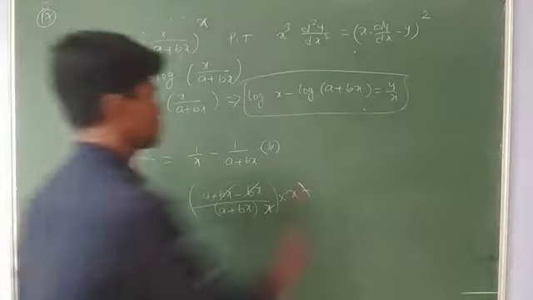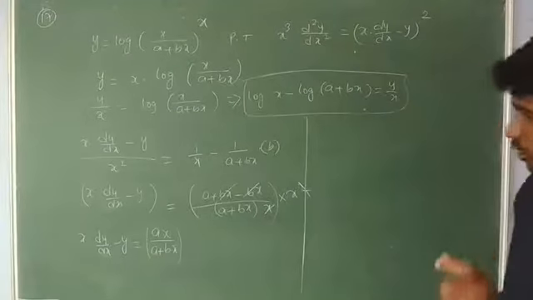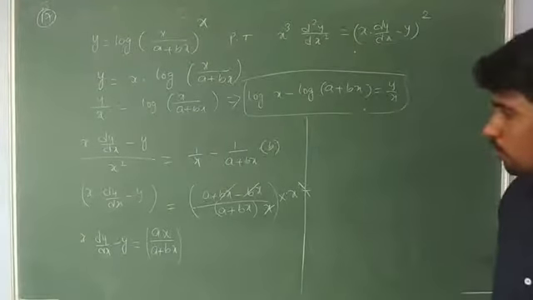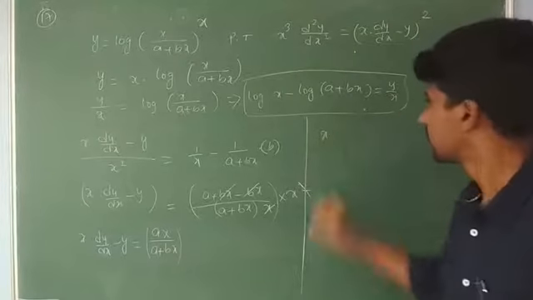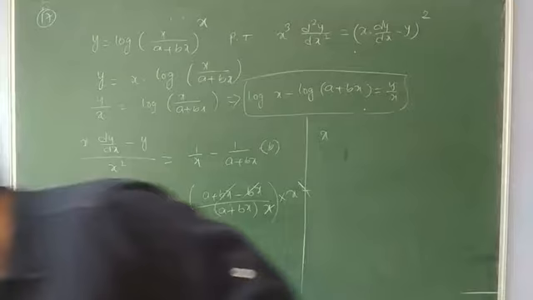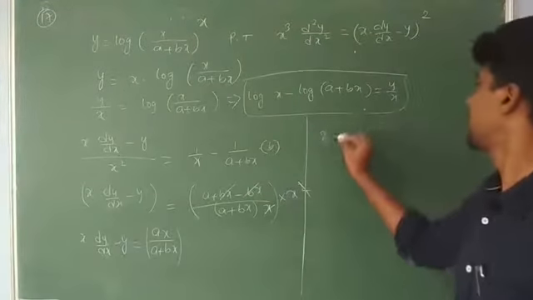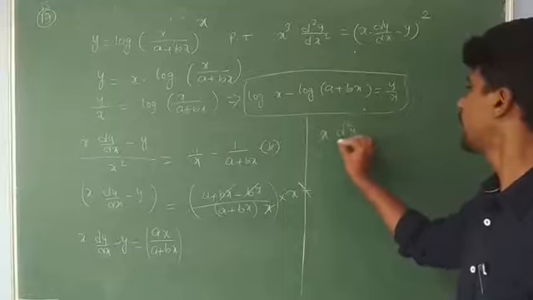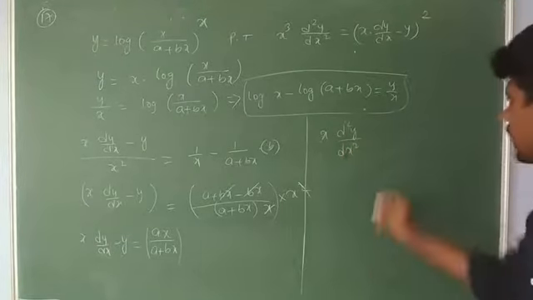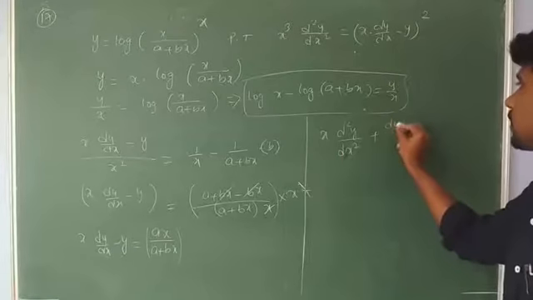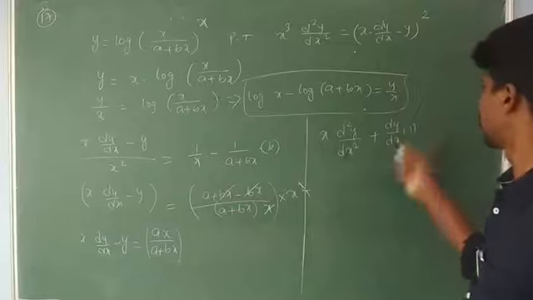What we get, if I do differentiation, x into dy by dx, which is in UV form: x into dy by dx derivative with respect to x is nothing but d2y by dx square, plus dy by dx into derivative of x is 1.